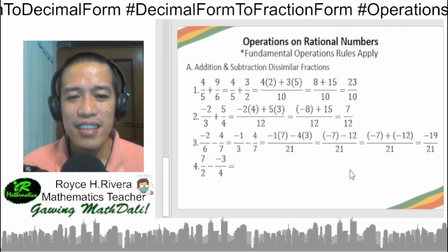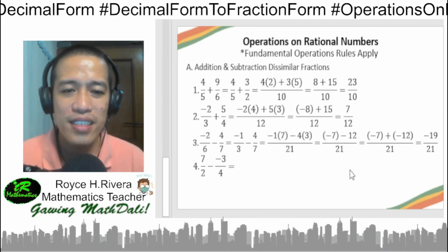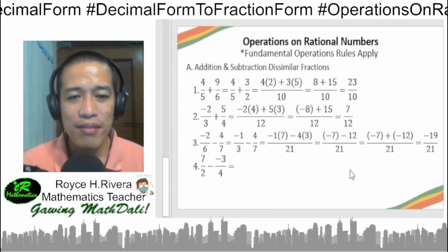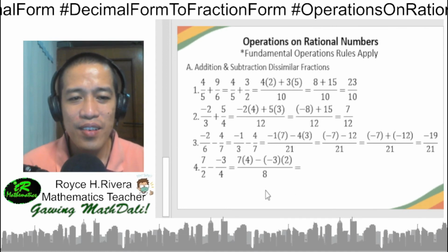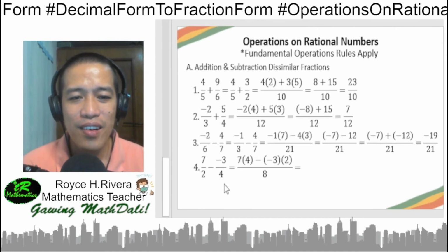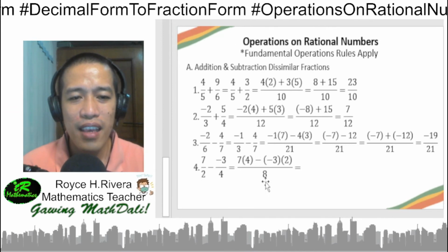Number 4, 7 over 2 minus negative 3 over 4. Get the least common denominator, or by multiplying 2 and 4, we have 8.